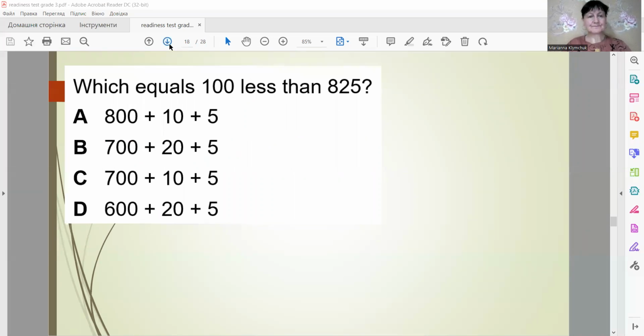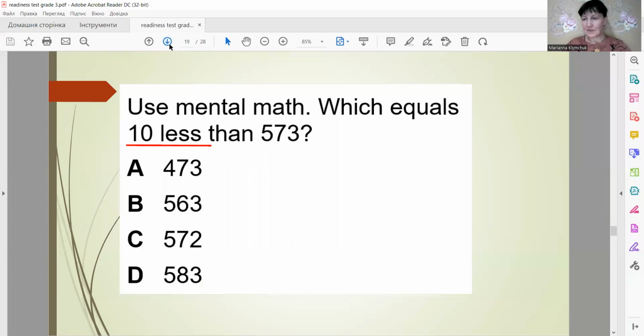Next one. We have the same number, but not 100 less, but 10 less. Again, less is minus 10. Okay, look at the number. Where do we have tens? What digit is tens? 5, 7, or 3?